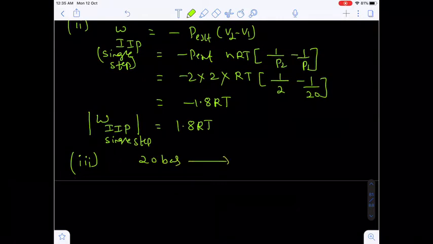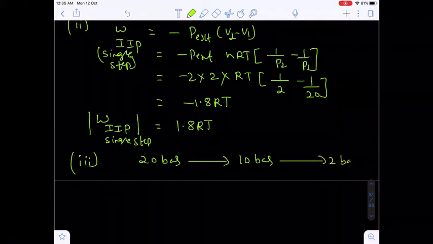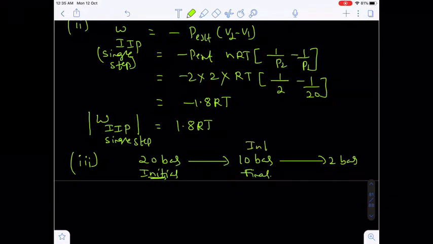Now it will go to 10 bar pressure, and finally to 2 bar pressure. Are you getting my point? So this will be the initial and this is final. Are you getting my point?